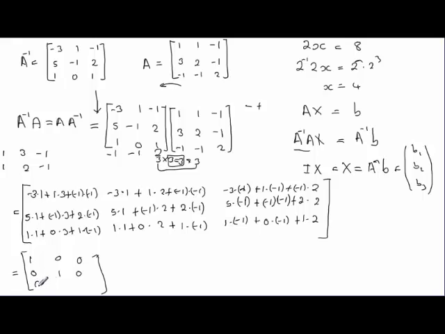This is 0, sorry. This is a minus 1, and this is a 1. That's a 0. And now what do we have here? This is 0, this is a minus 1, that's a 2, it's a 1. So, bingo, we've got the inverse.